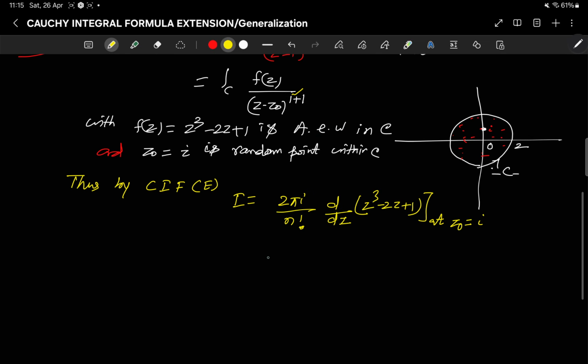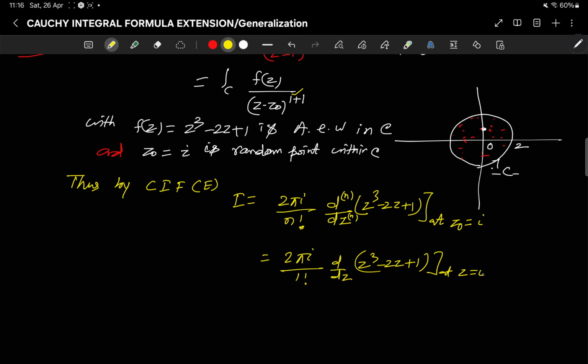Here n is 1, so this is equal to 2 pi i by factorial 1, d by dz of z cubed minus 2z plus 1 at the point z equal to i.